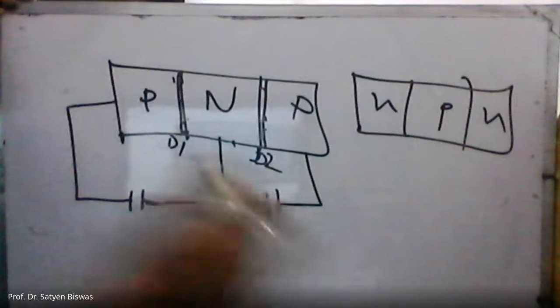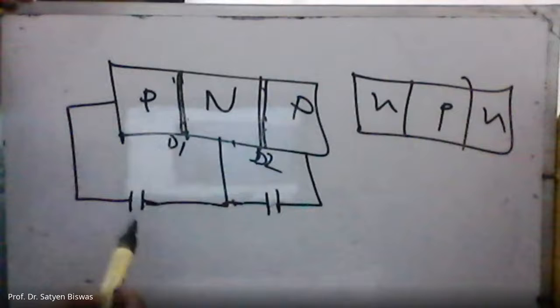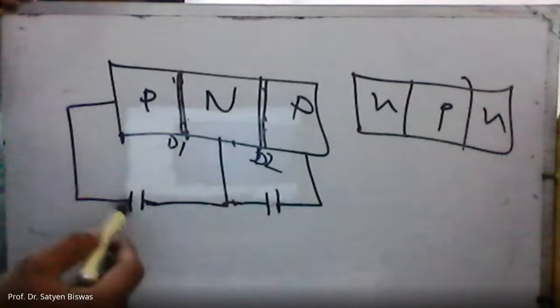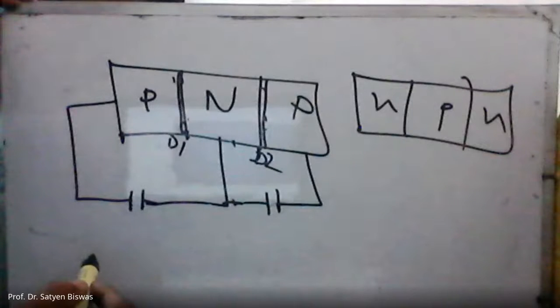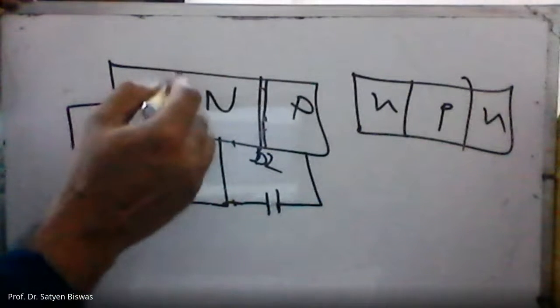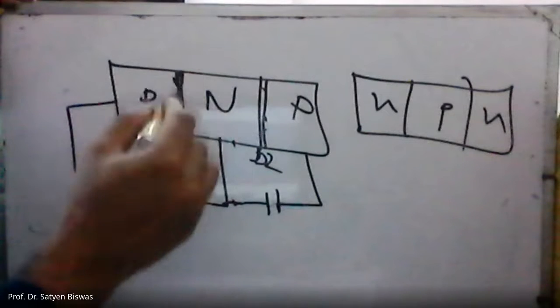Let's say we want to make this one forward bias. What will be the polarity of this voltage? Which side will be positive if we want to make this diode forward?